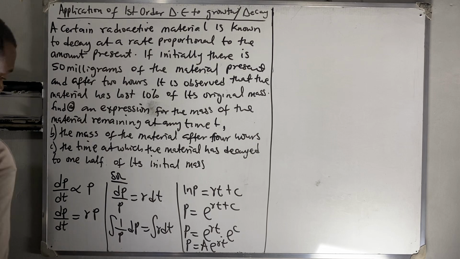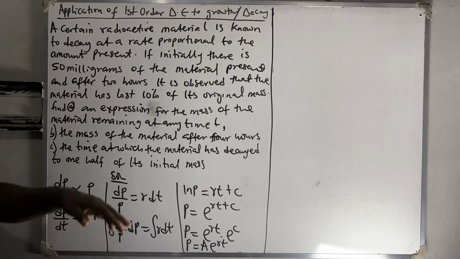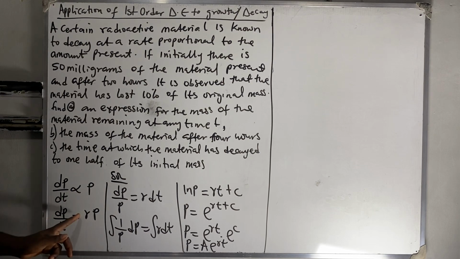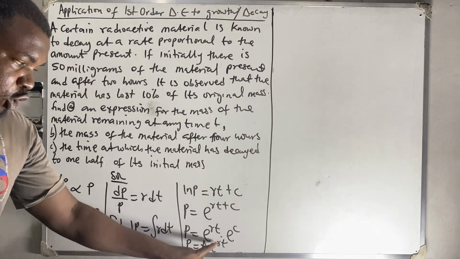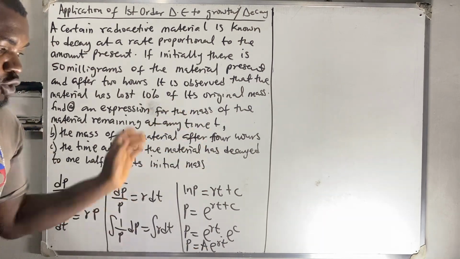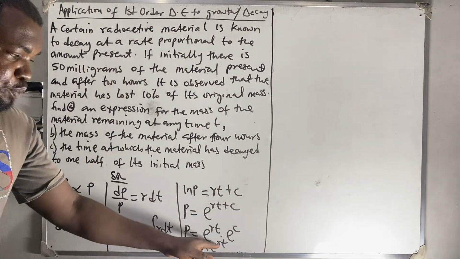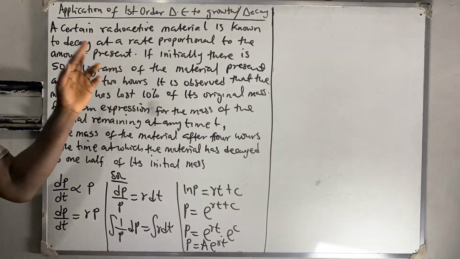Now, normally some people will introduce a negative here to show that R will be negative, to show that it is decay. It's the same thing. If you put a negative in here before solving, after solving, you're going to get R to be positive, which means if you put it back here, you will still have a negative expression showing that it is a decay.